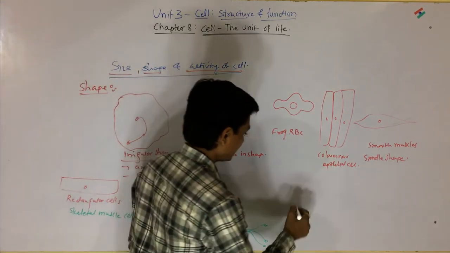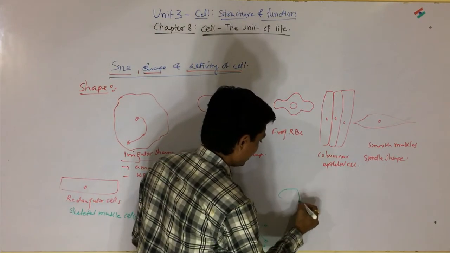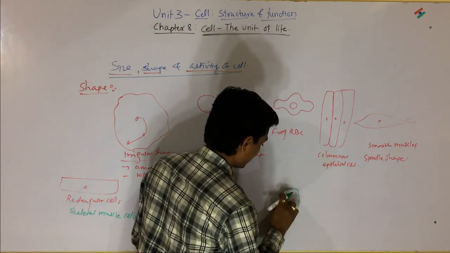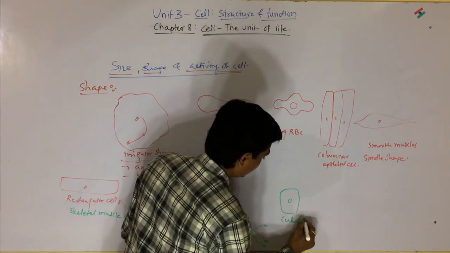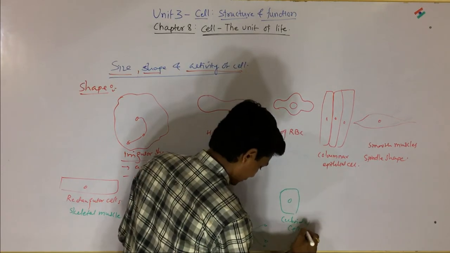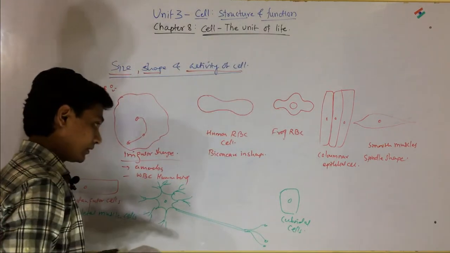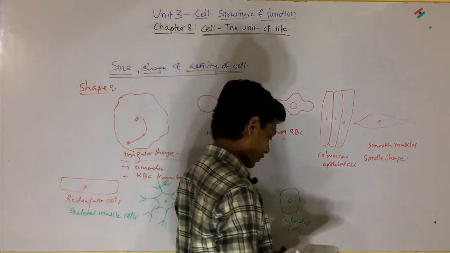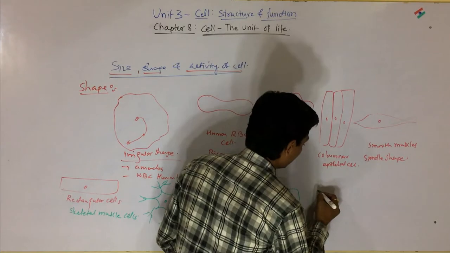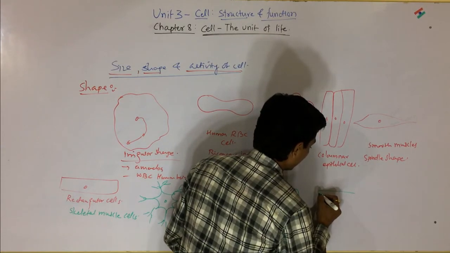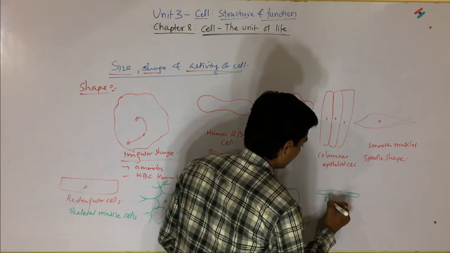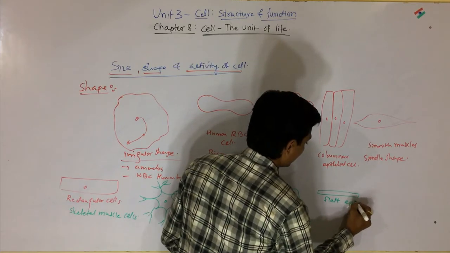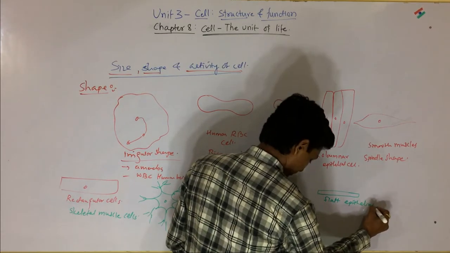Then cuboidal cells are also present, from which organisms are made up, and the skin has an upper part with flat epithelial cells.